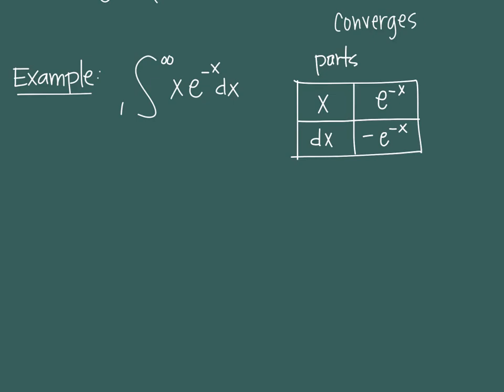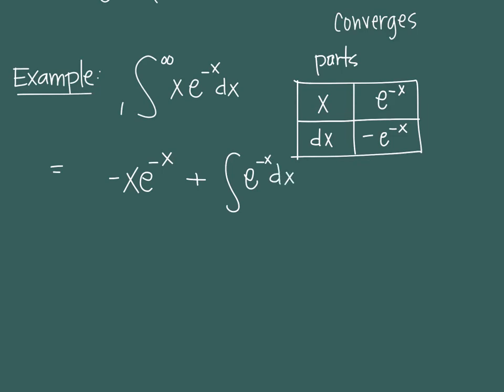Okay, we'll do our plus c. So now we've got x times negative e to the negative x. Okay, then what? So technically plus e to the negative x.